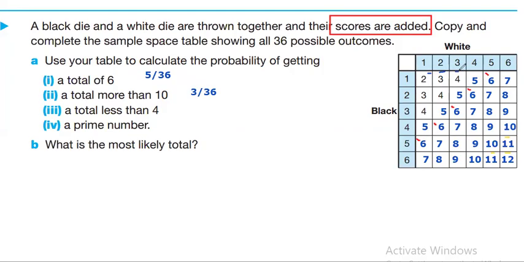We don't count this. So the ones less than 4 are 3. We don't count the fours because they didn't say at least 4 or 4 or less. They said less than 4. So we have 1, 2, 3. So it's going to be 3 over 36.